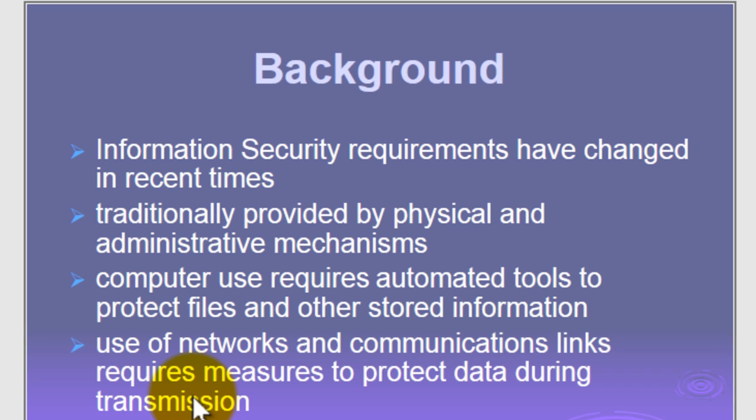This is a very complex thing. Many networks are connected and you have to protect the whole network. So you have to establish some firewalls so that only authorized data will come into your system. These types of network security measures are needed, and you have to take measures to protect data while it is being transferred in a network.